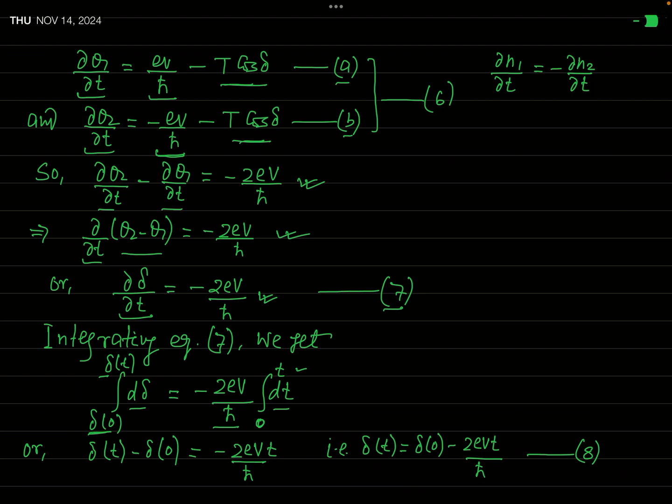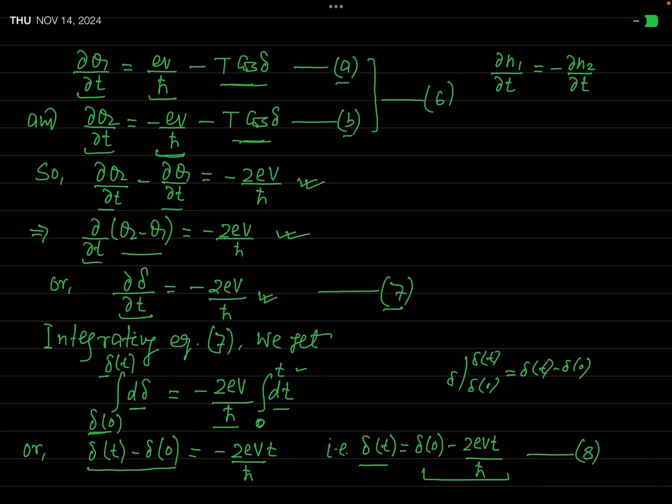Now the integral of d delta will simply be delta, and when you put in the limits delta of t and delta of 0, this will be delta of t minus delta of 0. So delta of t minus delta of 0 is equal to minus 2eVt over h bar, and so delta of t is equal to delta of 0 minus 2eVt over h bar.